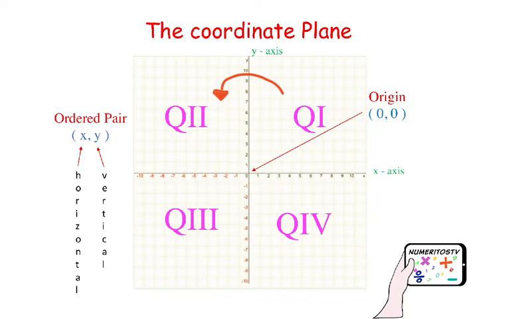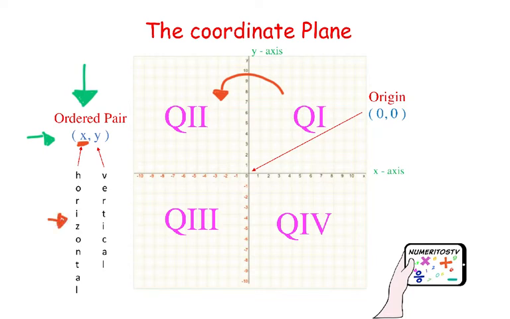We are going to be graphing points on this coordinate plane, and those points are called ordered pairs. Ordered pairs have two numbers in between parentheses, and you will see a comma between each number. So the first number that you see inside the parentheses is your x movement, and that will be your horizontal movement.